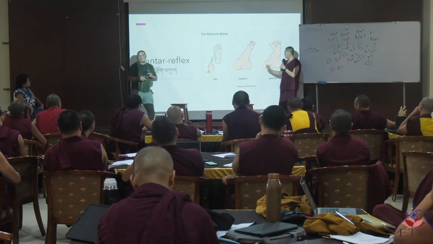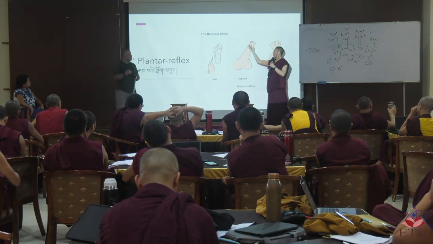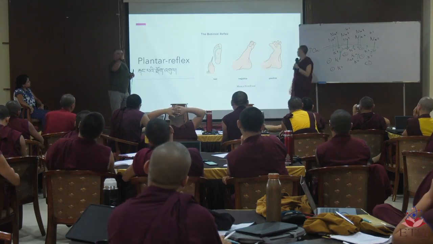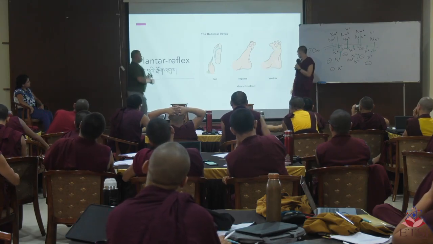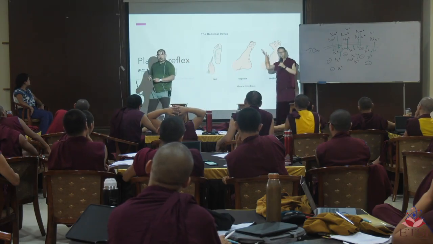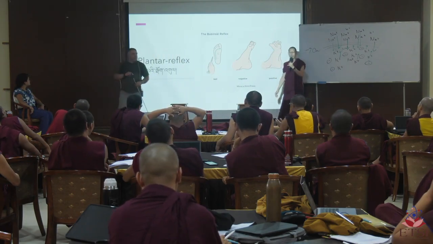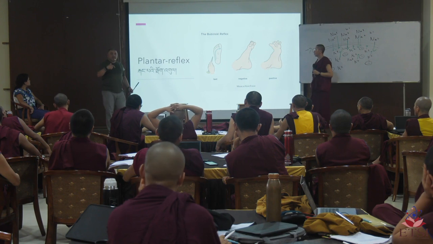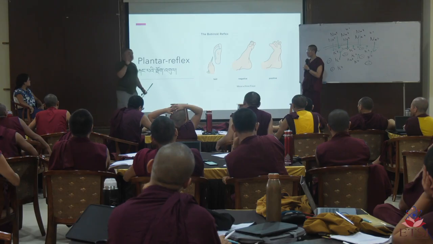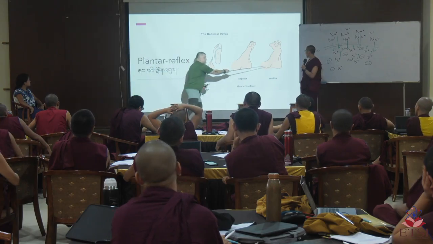If the toes fan out, it's called a positive result. Now, babies up to, I believe, a couple months old, I want to say maybe 4 to 5 months old, they should show a positive result.